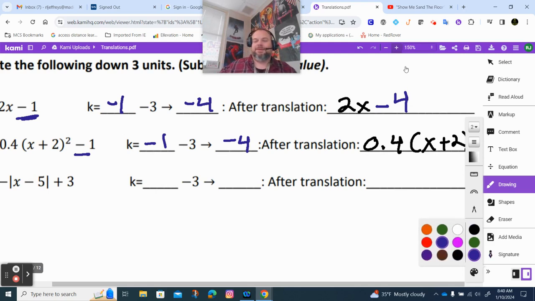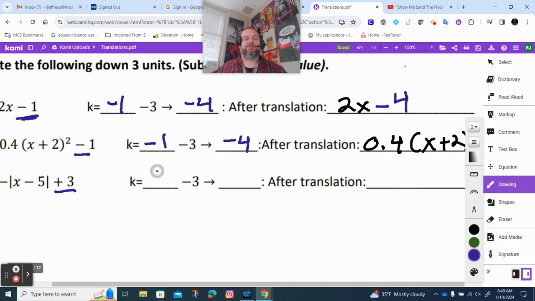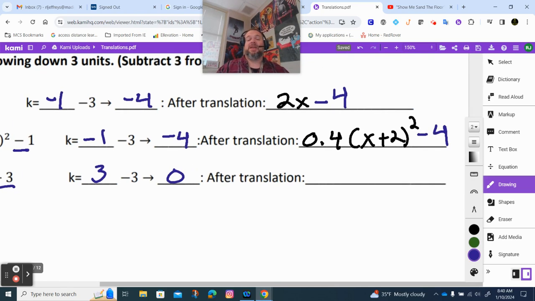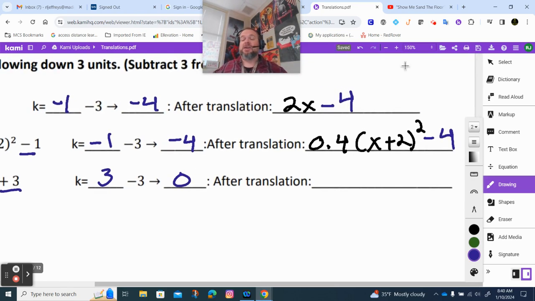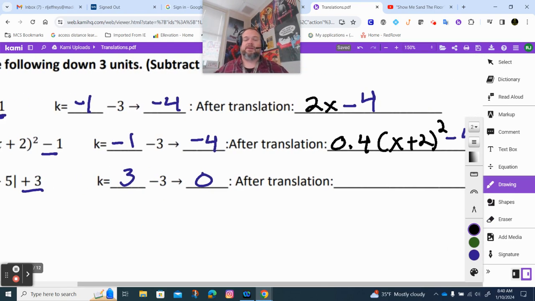All right. This is 3. What is 3 minus 3? 0. Now, if a student were to write this and they put this right here, I'd make it correct.